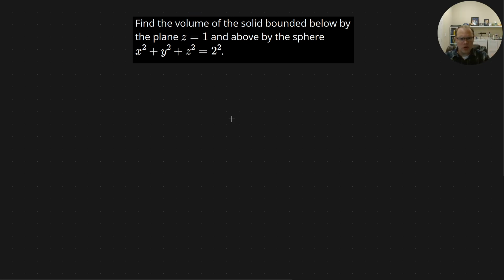But we did learn also that we could use double integrals to find area. So recall that if I look at the double integral over some region R and I'm integrating just the function 1 over that area, that gives me the area of region R. Okay.